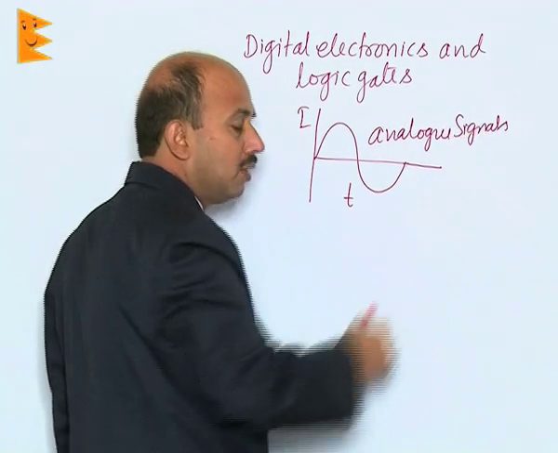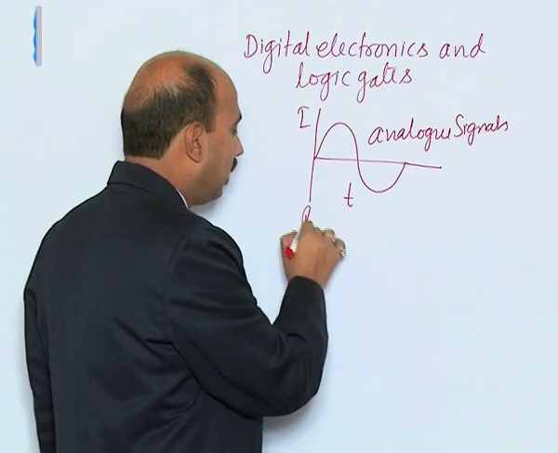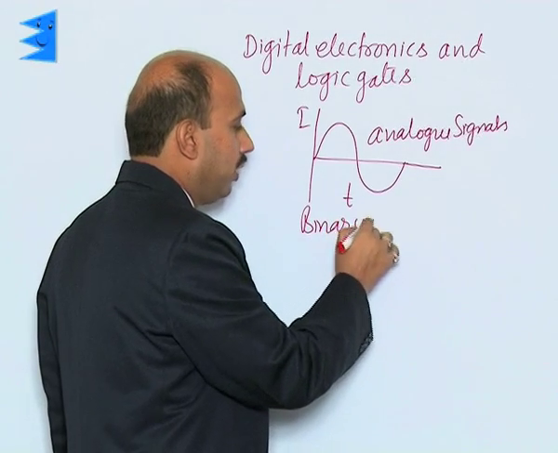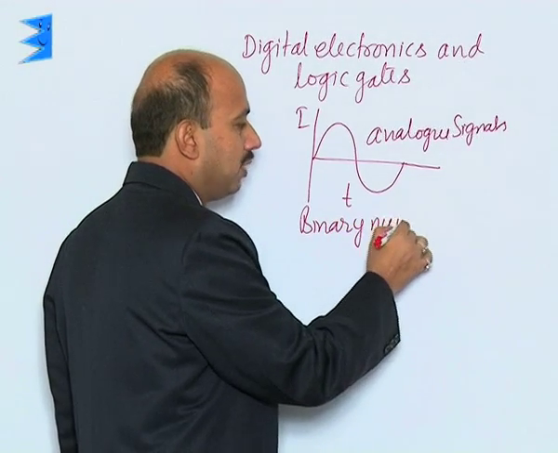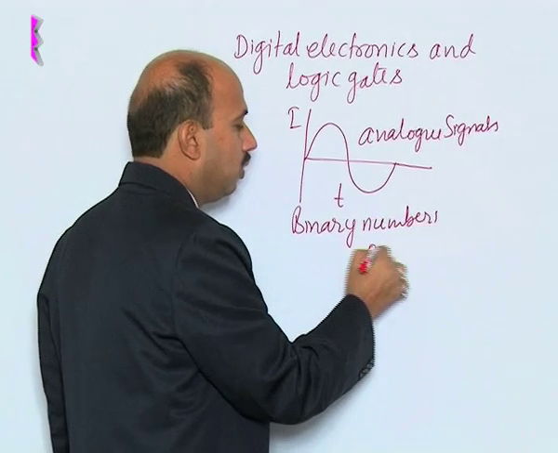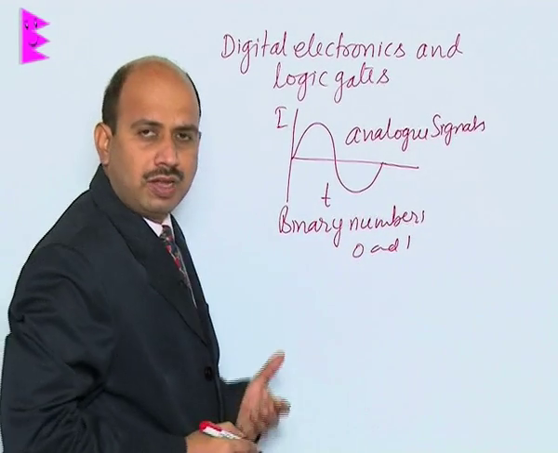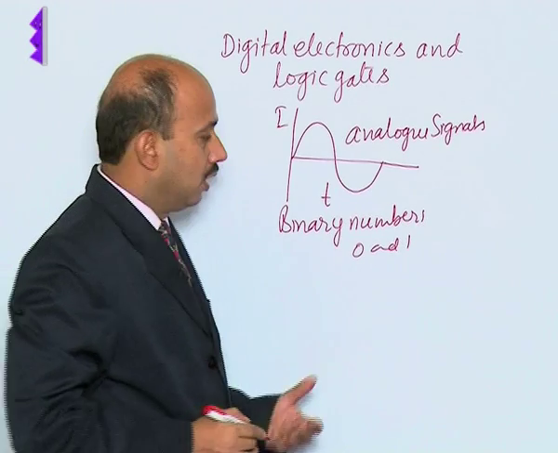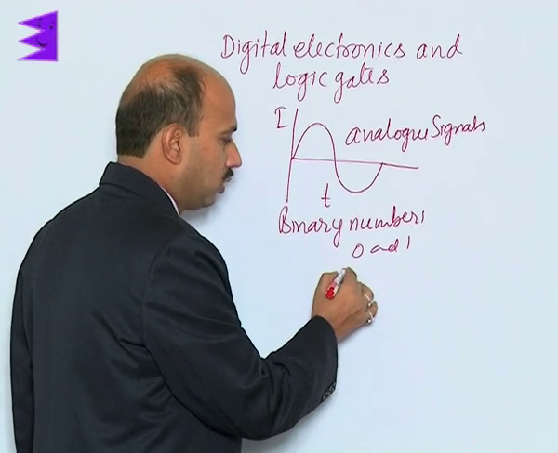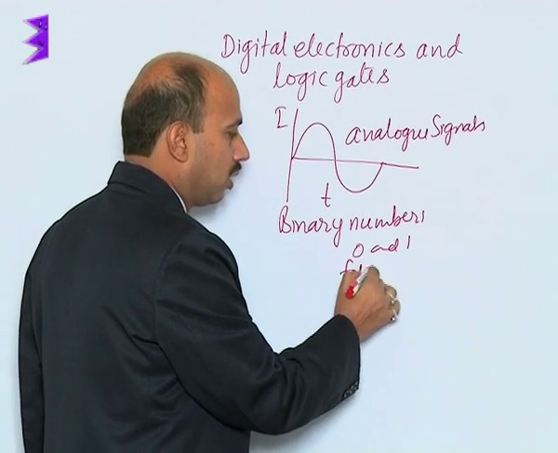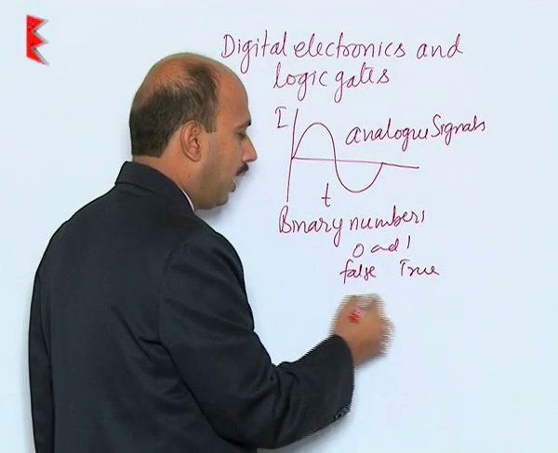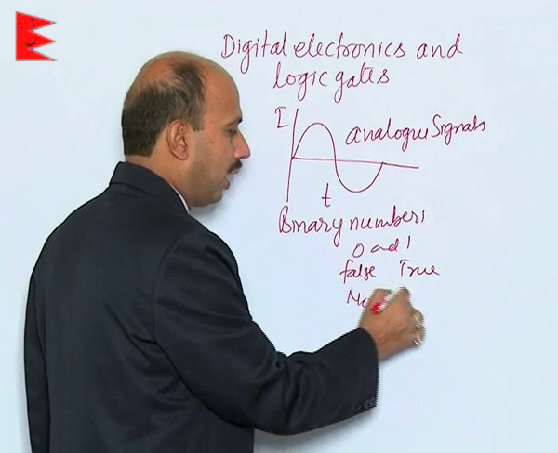But if we look at binary numbers, in binary numbers we basically use two digits, 0 and 1: 0 for zero voltage, and for high you can give 1. Or we can also say false or true, or no or yes.